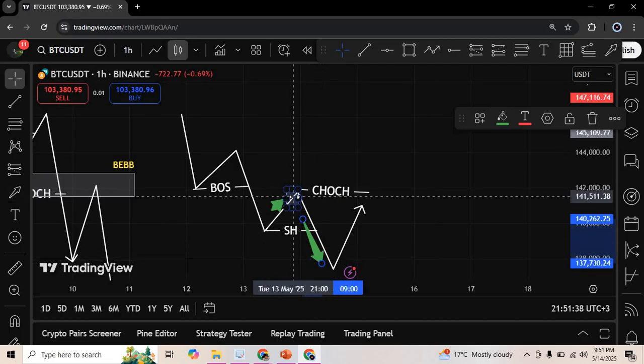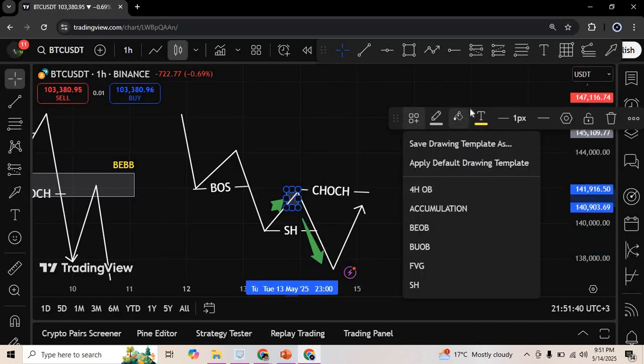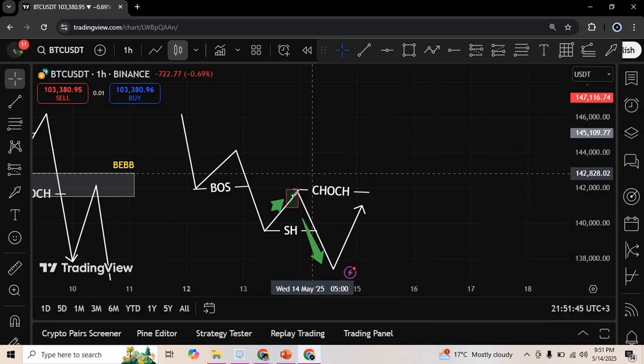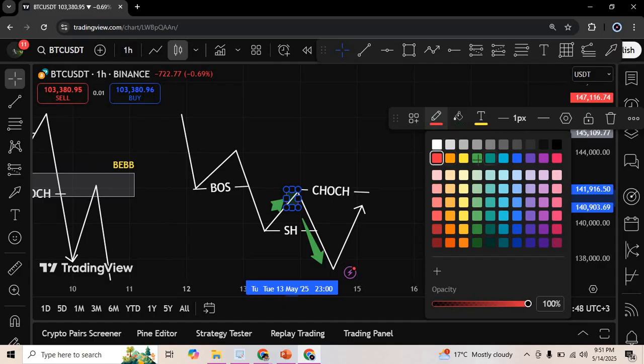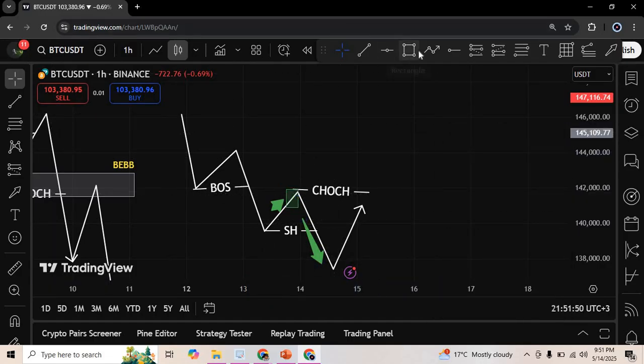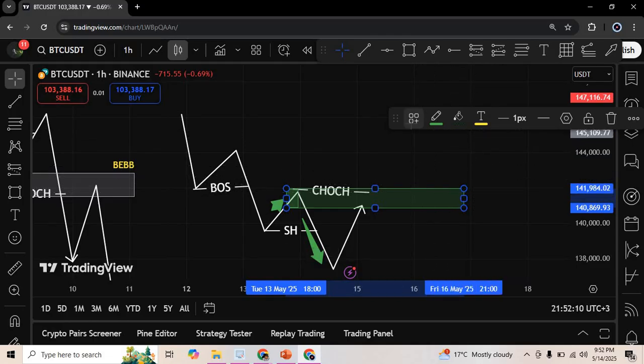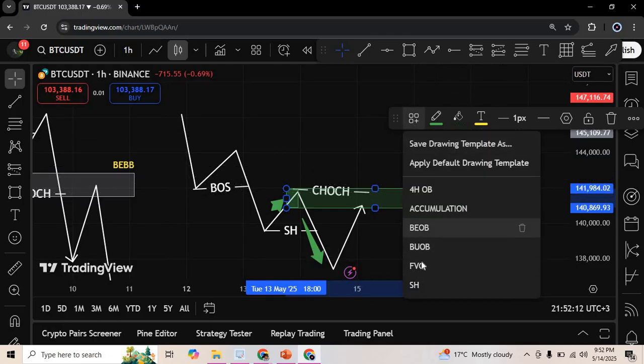So the last green candle before a significant sell is what? Levy? A bearish order block. Yes, perfect. A bearish order block. This one right here is a bearish order block.